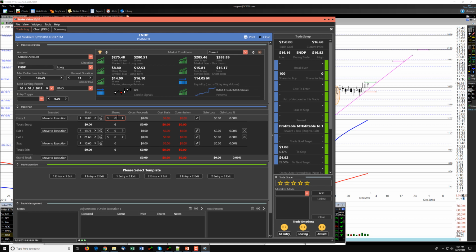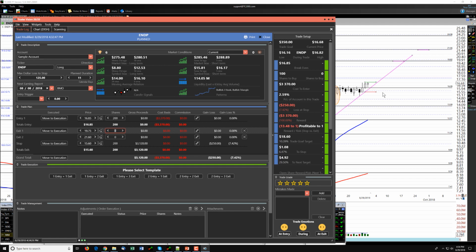That's probably not much, but let's look at 200 shares and see what that does for us. At 200 shares for this particular account that I've got set up, it would only be about 2.6% of the account, but it would be $250 of risk if we were stopped out with that stop.